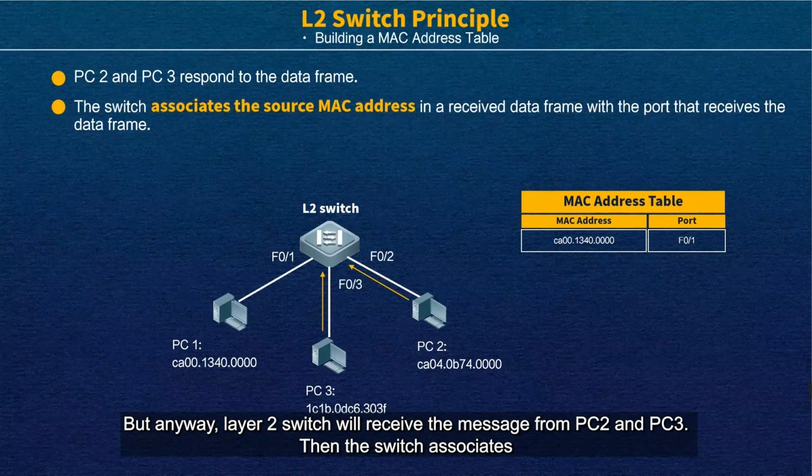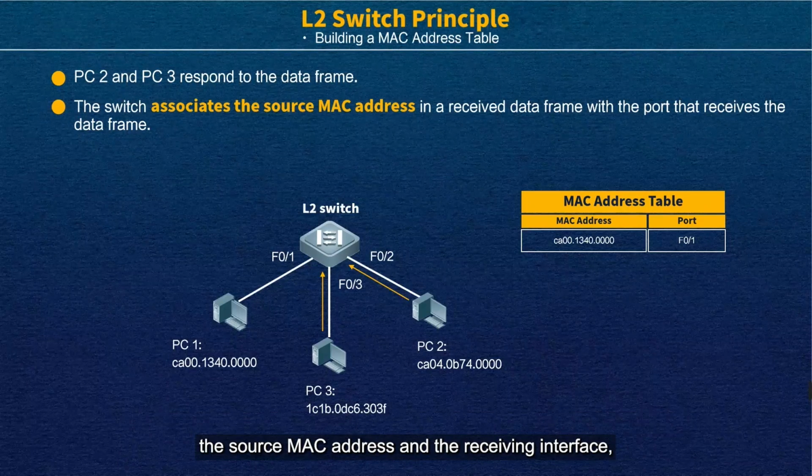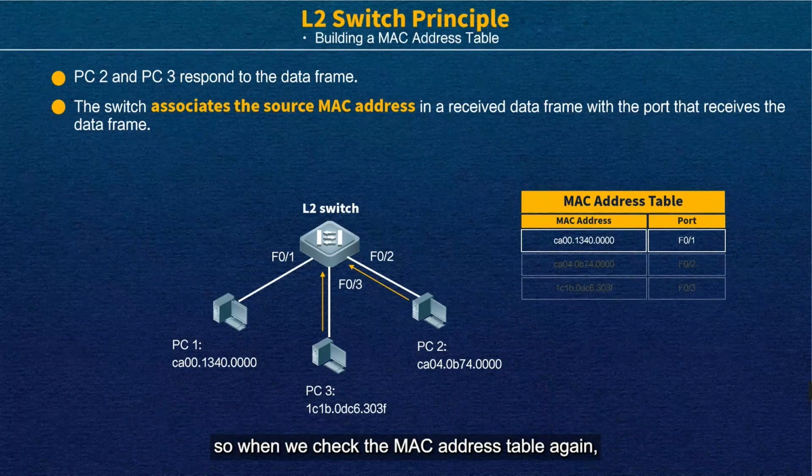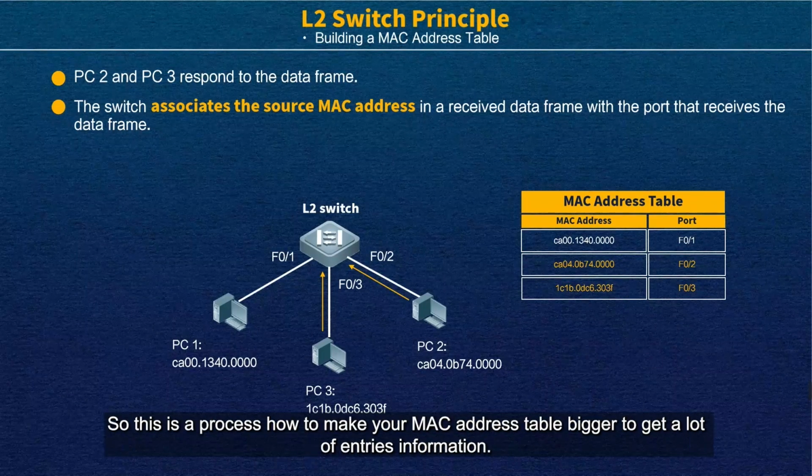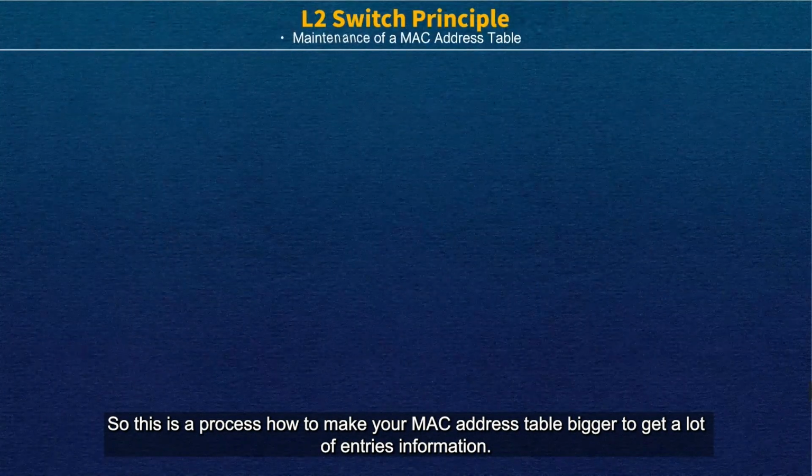Then the switch associates the source MAC address with the receiving interface. So when we check the MAC address table again, we will find the MAC addresses of PC2 and PC3 connected with interfaces 2 and 3. So this is the process of how your MAC address table gets bigger and gets a lot of entries.